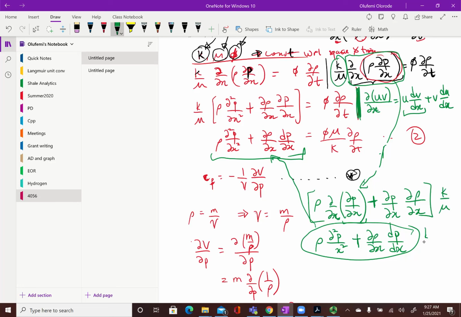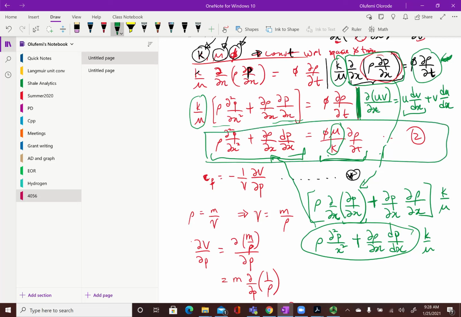We can multiply both sides by mu over k so that it goes away. Now you have phi mu over k on the right hand side, multiplied by d rho/dt, which is what we had before. That gets us to equation 2.